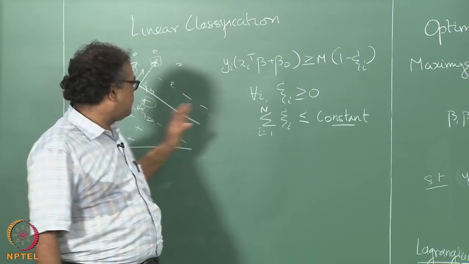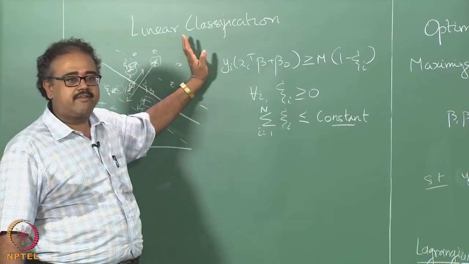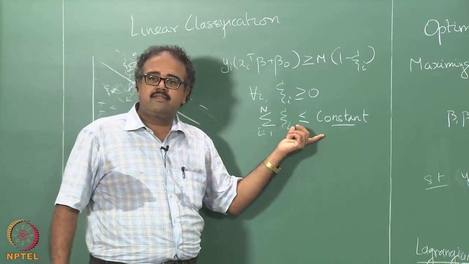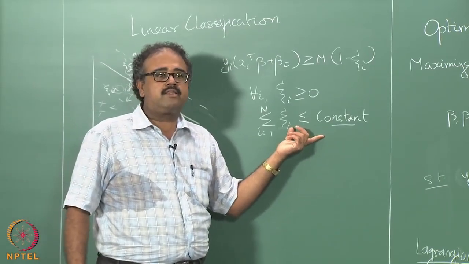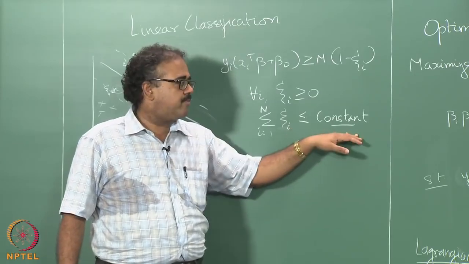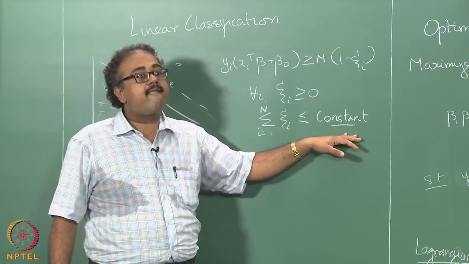I don't care about points going to that side of the margin. And the second thing is whatever we have been talking about: I don't want the xi's to be very large, taken in total. So I want to upper bound them by a constant.